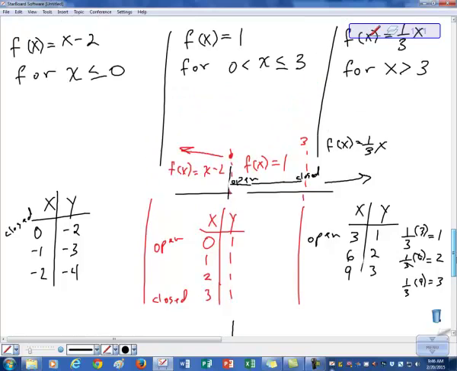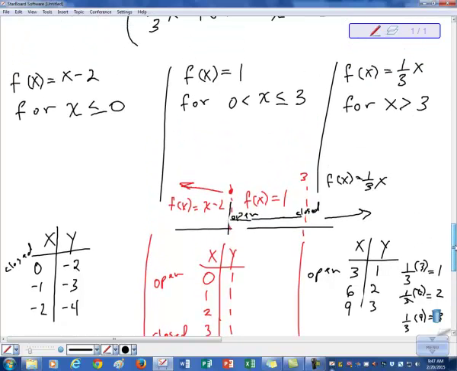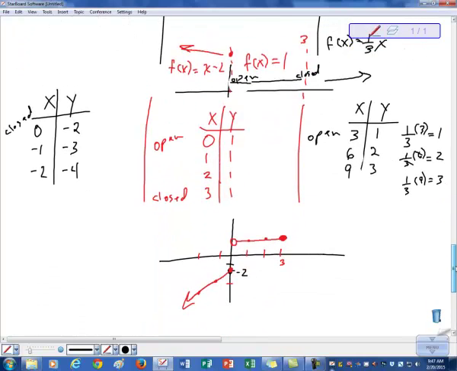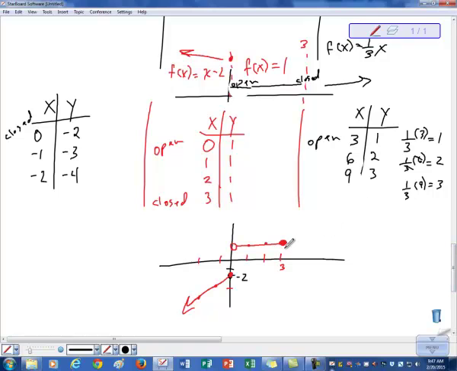Okay, so because it's greater than, it keeps going, so that's going to have an arrow to it as well. So that'll be 3, 1, and that's open, so that's going to be an open circle right there at the same point, 3, 1.